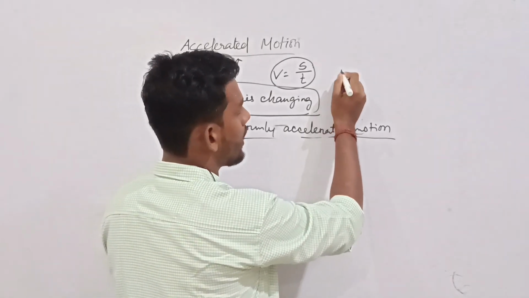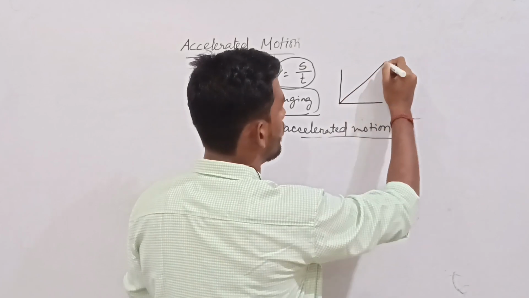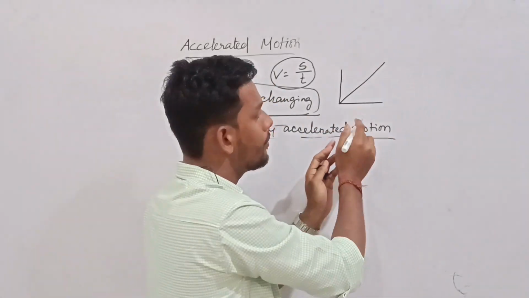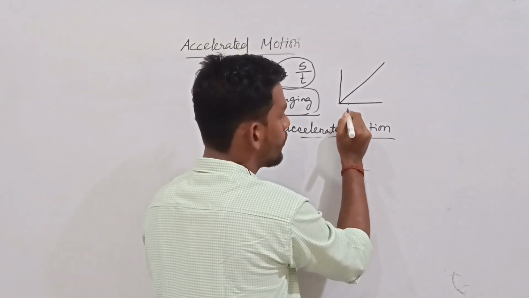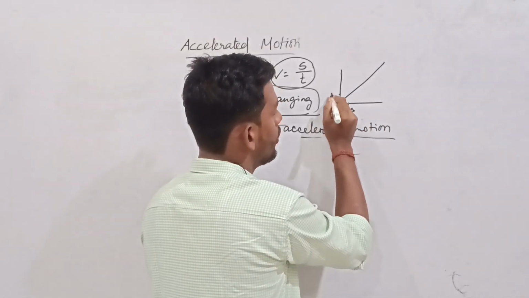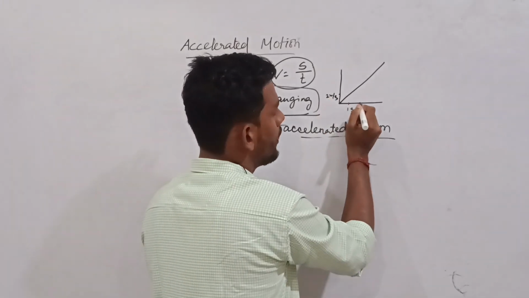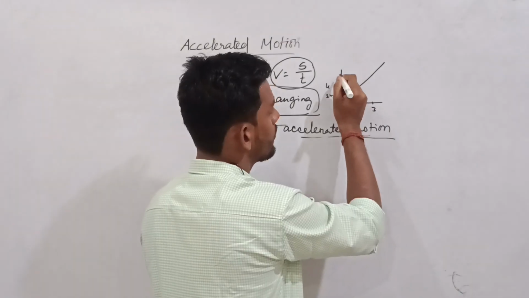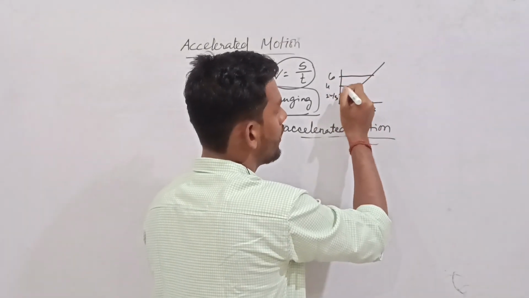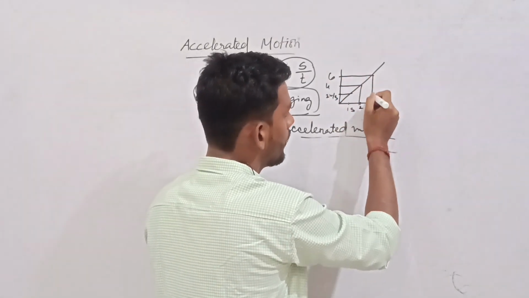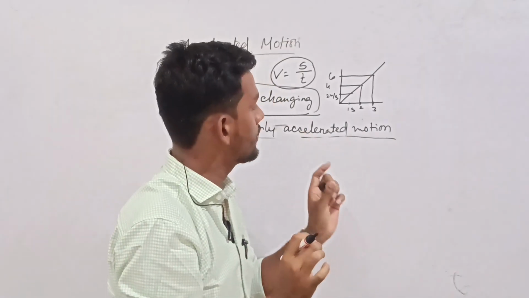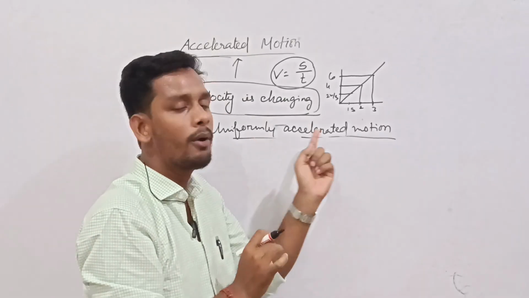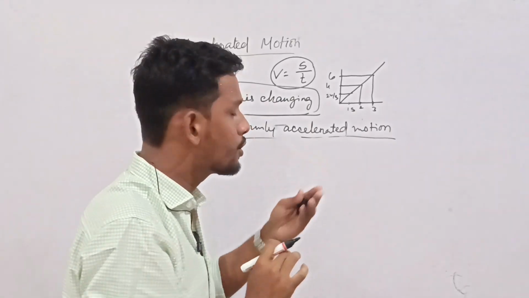When you represent it in a graph it looks like this. Uniform means that at the same time interval the same amount of velocity is changing. Suppose in the first 1 second velocity is 2 meter per second, in 2 seconds velocity is 4 meter per second, in 3 seconds velocity is 6. In these cases the body is said to be in accelerated motion or uniformly accelerated motion.